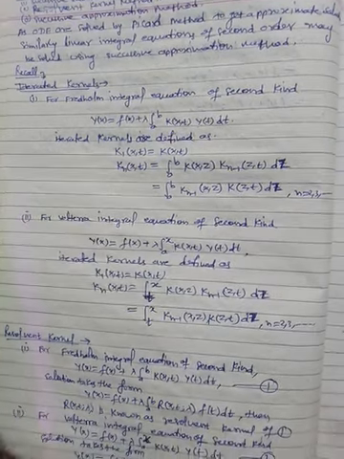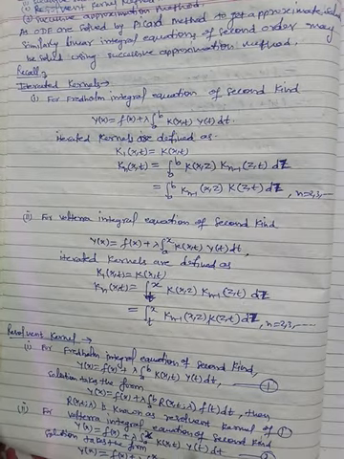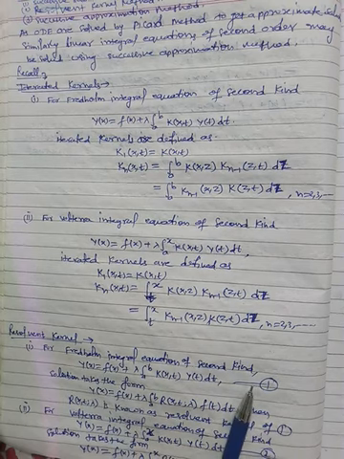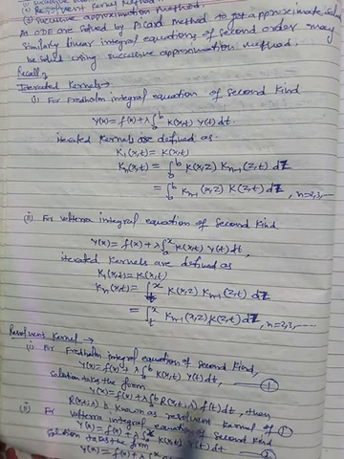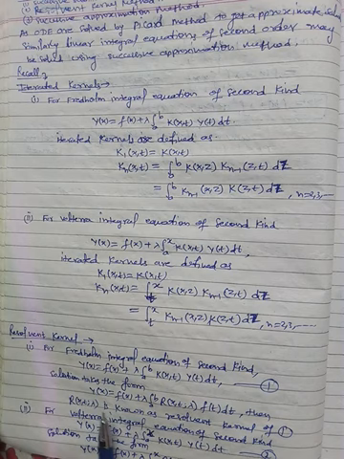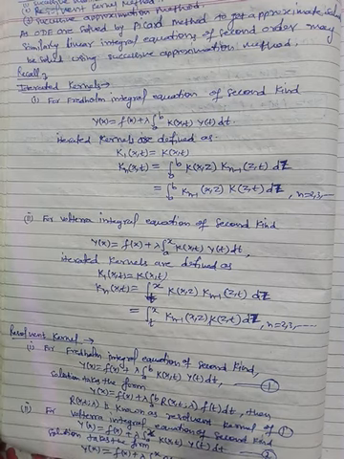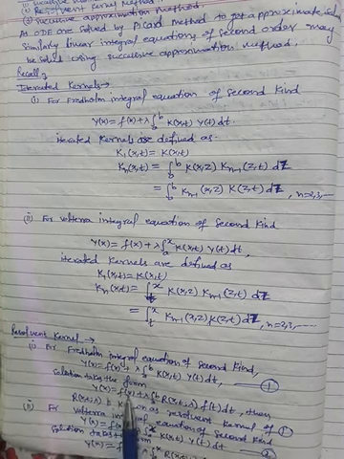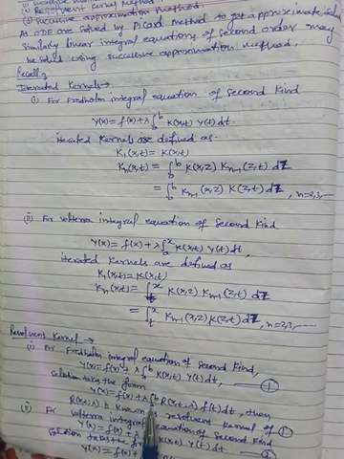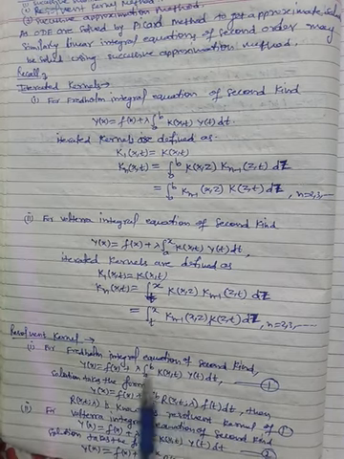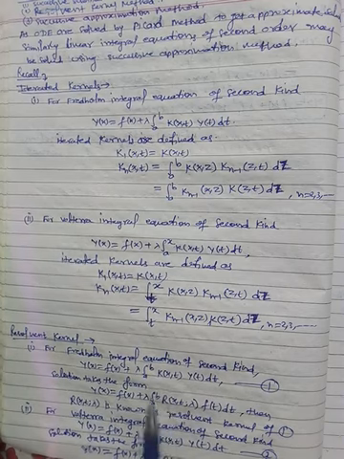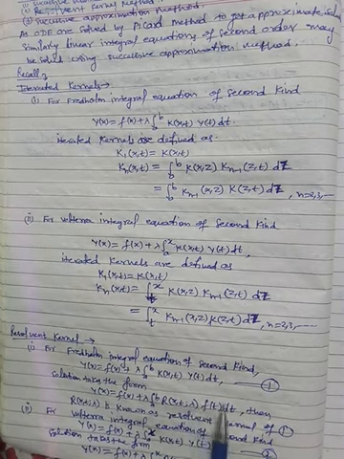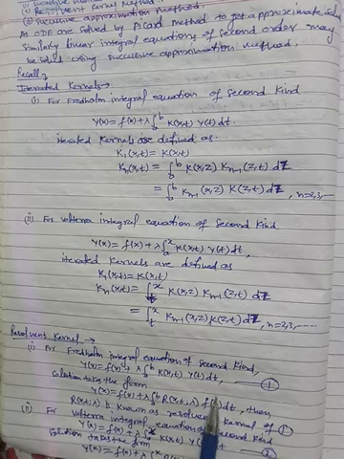Now second is the resolvent kernel. For the Fredholm integral equation of second kind, this is the equation. Its solution in the form of resolvent kernel is given by this: y(x) equals f(x), plus lambda times the integral, where in place of K(x,t) we now have the resolvent kernel R(x,t;lambda), and in place of y(t) we have the known function f(t).